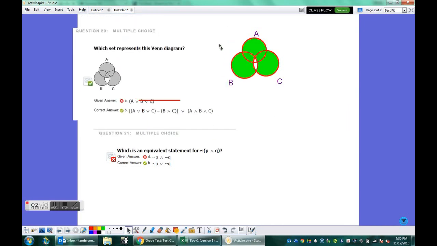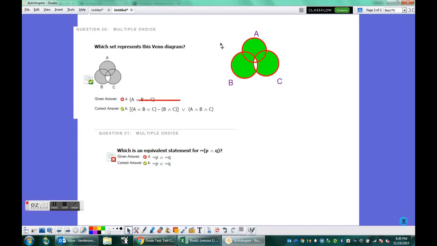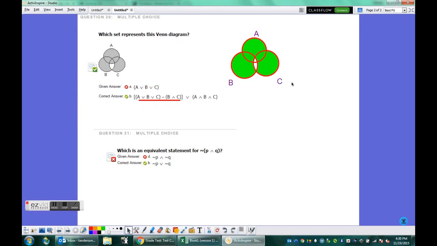Okay. Now for the next part, I'm going to do this one in a little bit different color here. So that one was the red one that's underlined.